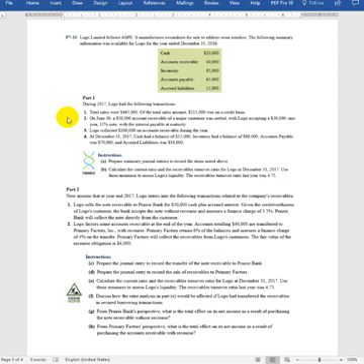And then in part 2, we're assuming some additional transactions at the end of the year, one of which represents the sale of a note receivable, and the other of which represents the factoring of some accounts receivable at the end of the year. So let's begin with part 1.